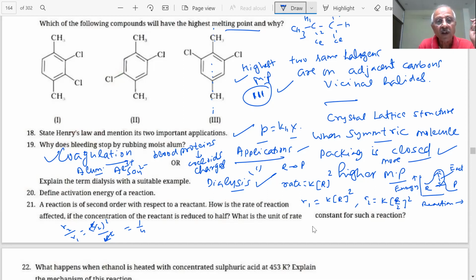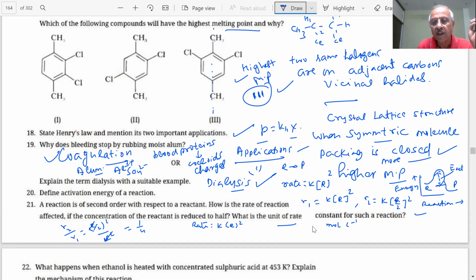Important. What is the unit of the rate constant? This is a second order reaction. For a second order reaction, how do you calculate the unit, student? I told you that rate is equal to K R square. R is concentration. What are the units of rate?